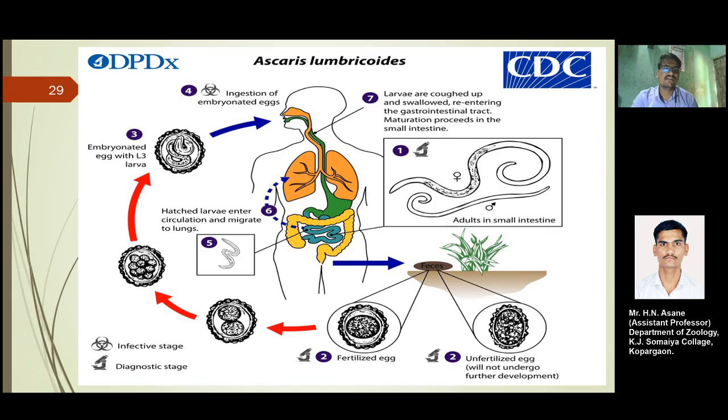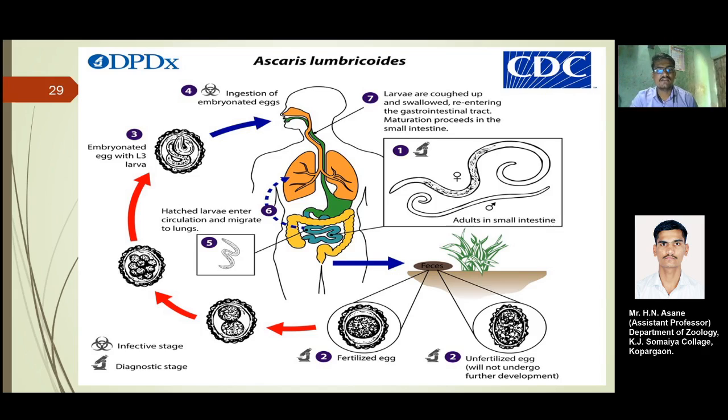That third instar larva is ingested by the host, that is the human. The third stage larva is the infective stage. The fourth step is ingestion of these embryonated eggs by means of contaminated food or contaminated drinking water.